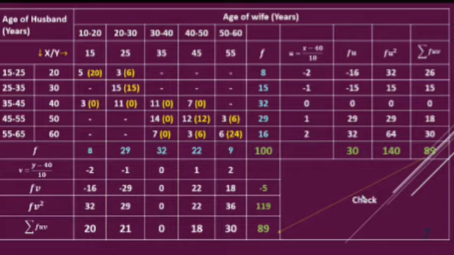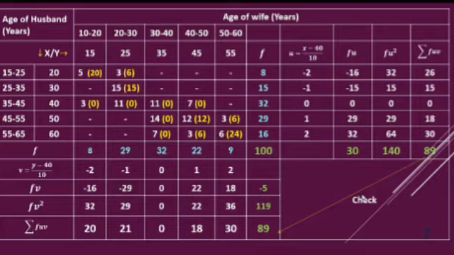Suppose if anybody wants to avoid that negative sign, you can take x minus 20 so that you will get 0, 1, 2, 3, 4. That also can be done. You are selecting that constant in such a way that your calculation becomes simple. That's all. Shortcut method means you are selecting those constants A and C in such a way that calculation becomes simple. So U equal to x minus 40 divided by 10.